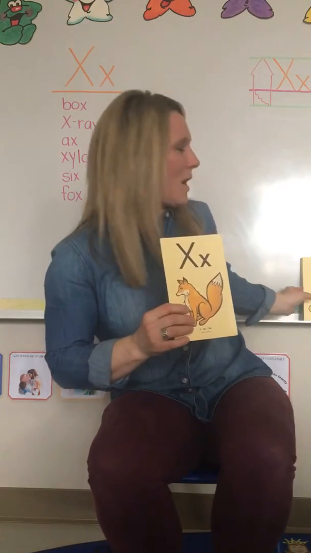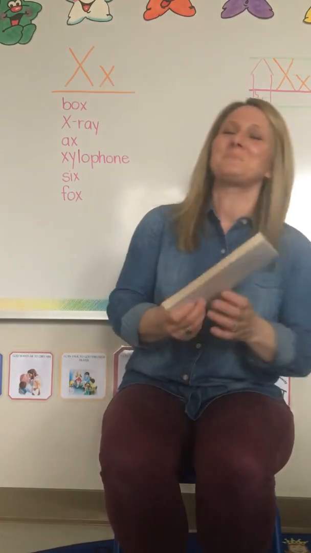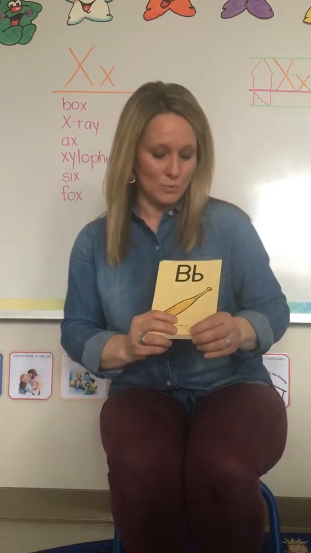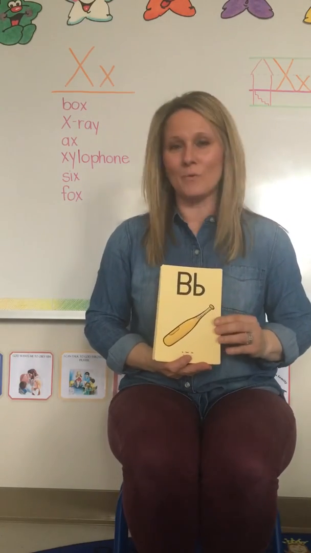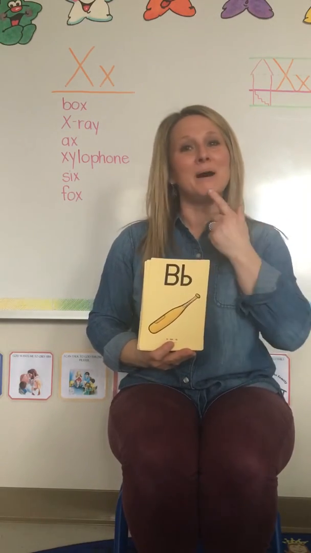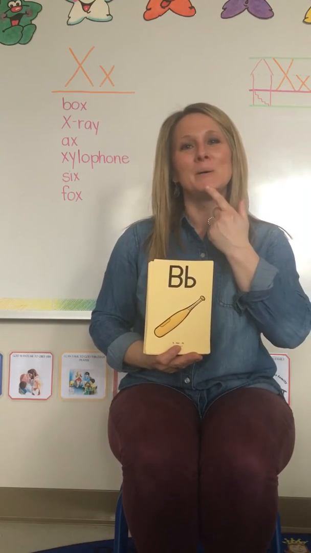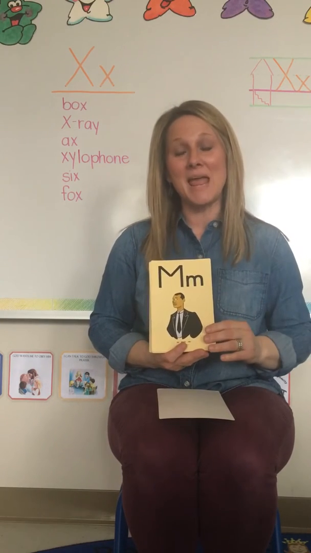All right, you know how we do it. I'm going to take our pile of cards. I'm going to mix the letter X up in the middle, and then we're going to review with all of them. I'd like for you to just say the sentences with me for each card. All right. B says b as in bat. B says b, b, b. M says m as in man.